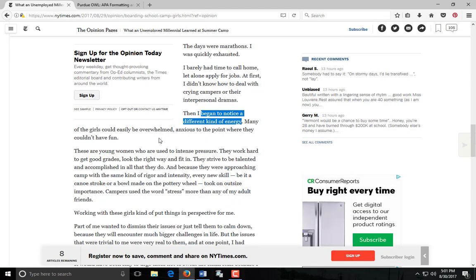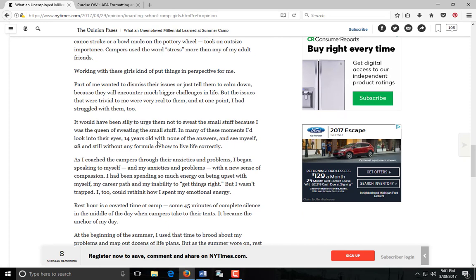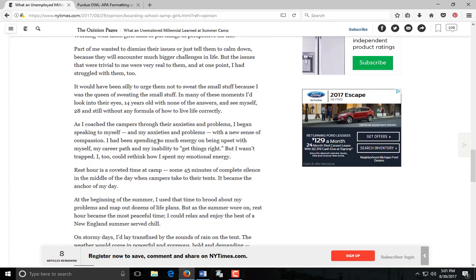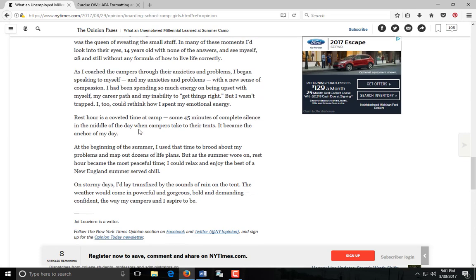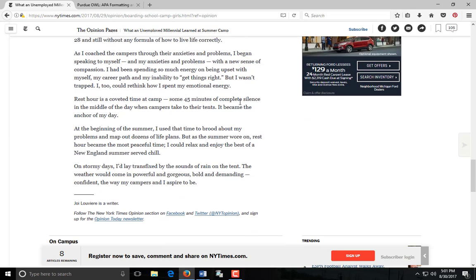Go back in the article. Okay, so she talks about rest hour and how she had 45 minutes of complete silence in the middle of the day when campers take to their tents.